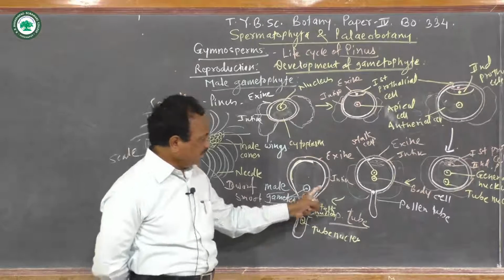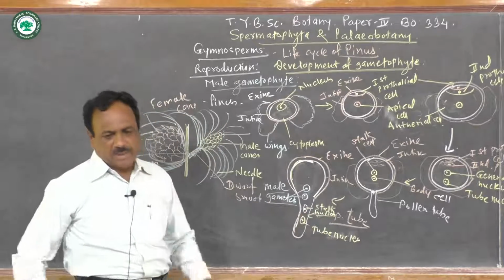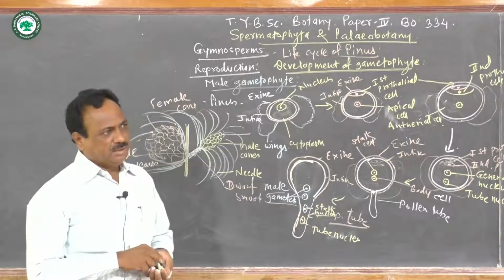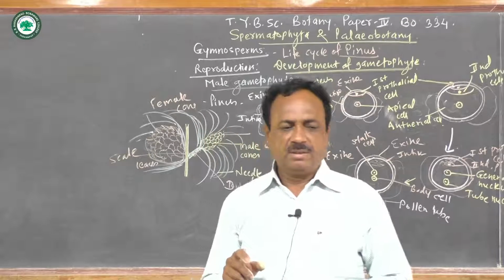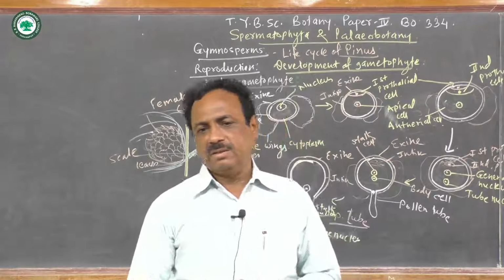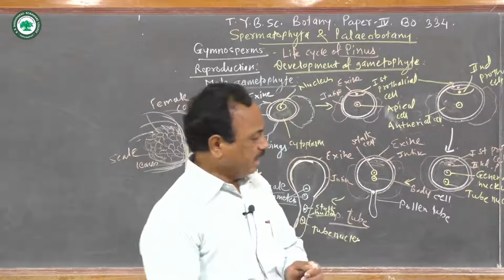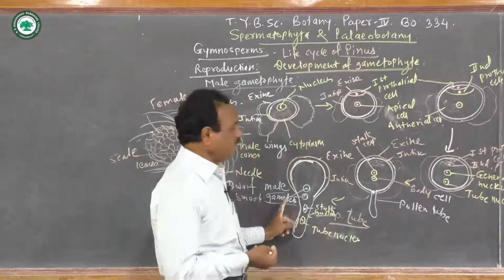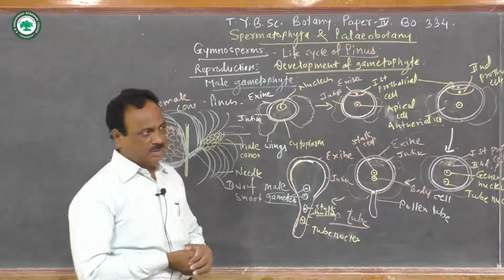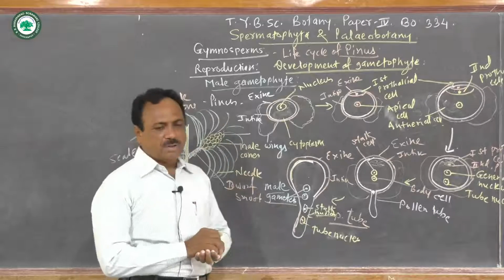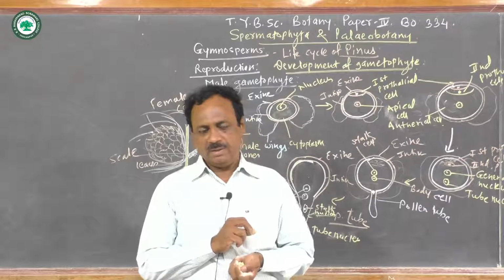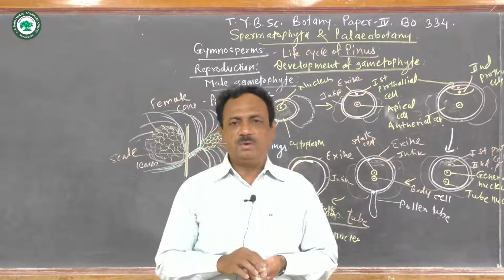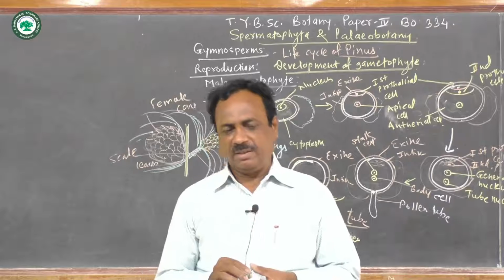So here the development of the male gametophyte takes place, and the formation of male gametes from the single microspore or pollen grain is known as the male gametophyte. In the development of the male gametophyte, two male gametes are formed. So this is about the development of the male gametophyte in Pinus.